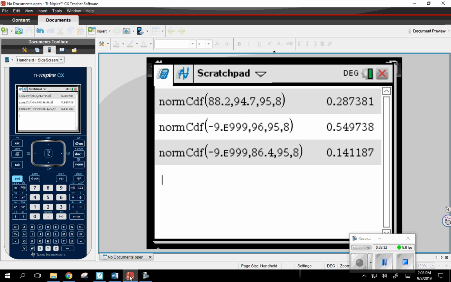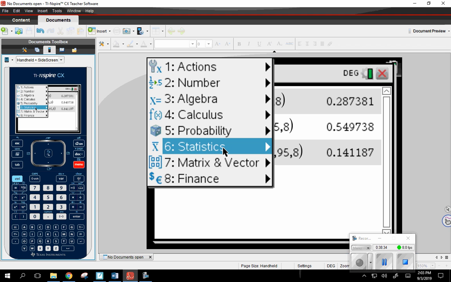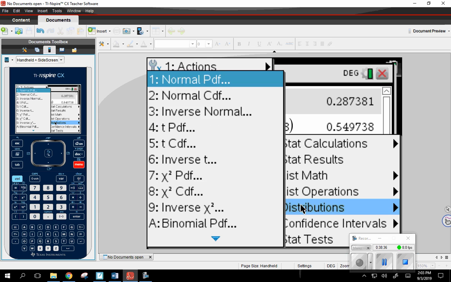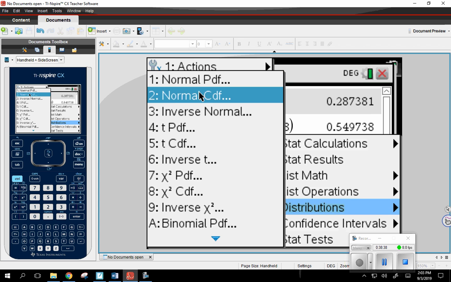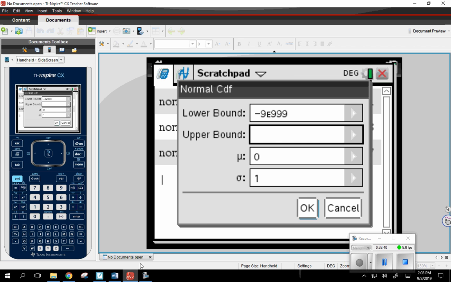So let's see. I'm going to go to menu, statistics, distributions, normal CDF. Okay. So the upper, what was it, 102.5? Oh, no, I'm sorry. The lower was 102.5, excuse me, 102.5. Now, if you have a lower but no upper, it sounds funny and it's going to be ridiculous.